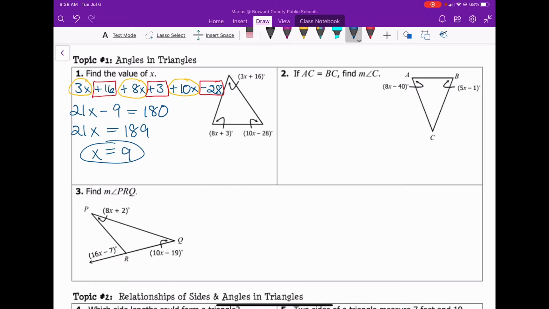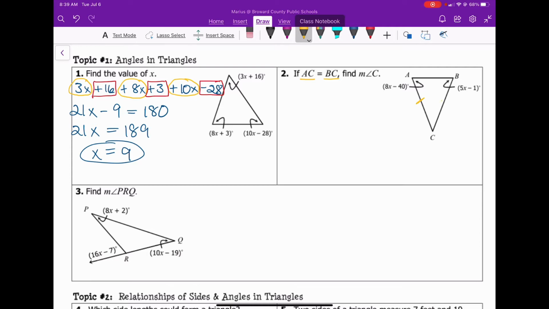All right, now let's take a look at number 2. Number 2 says if segment AC is equal to segment BC, find the measure of angle C. So side AC and side BC are congruent. So we're going to put those markings here.